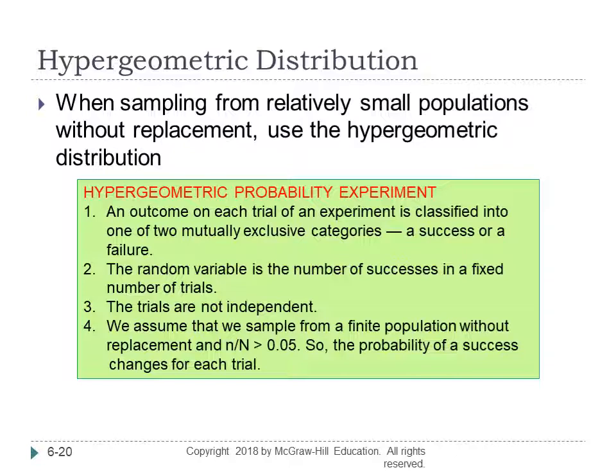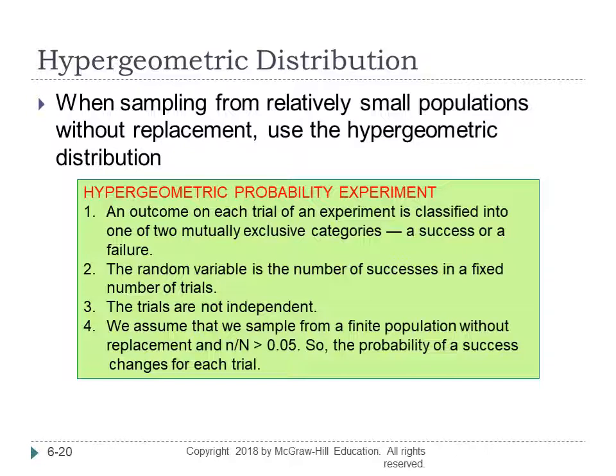The hypergeometric distribution comes up when you are sampling from a relatively small population without replacement. Now, we discussed what that means. When you are taking a sample, if you do it with replacement, every time you pick something from the population, for example a population of people, or in the example we did before, cars, you return it.